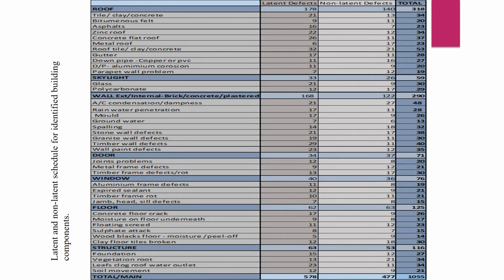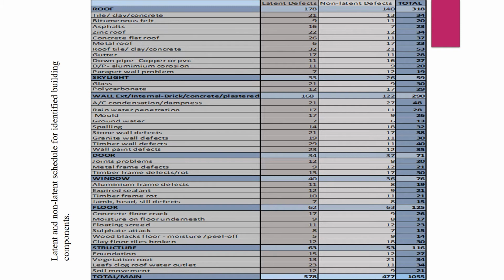This is the first schedule that I've done from the archive collection of the projects, as I mentioned, within that 10 years from the four SWC.